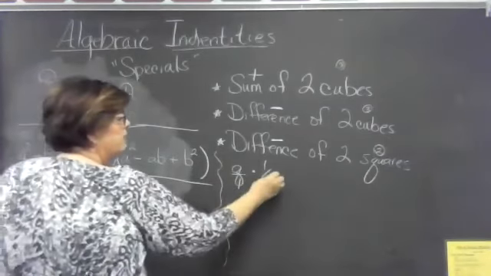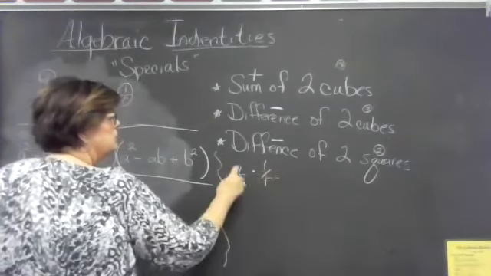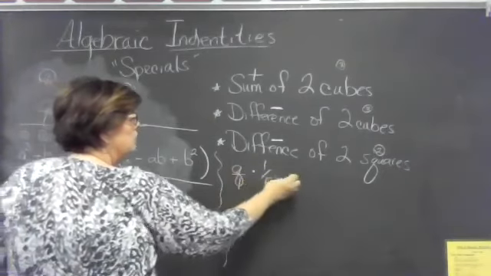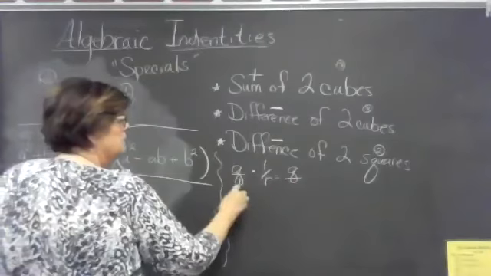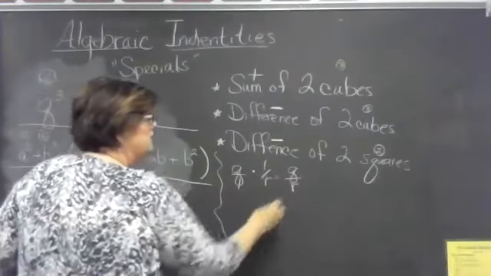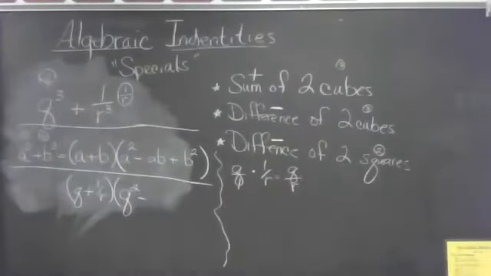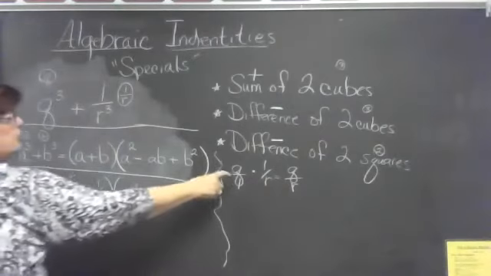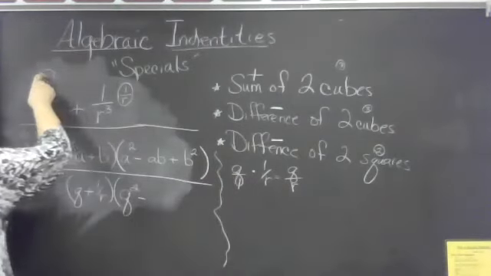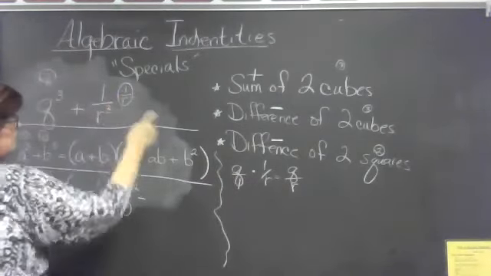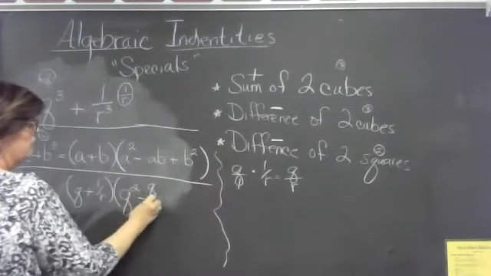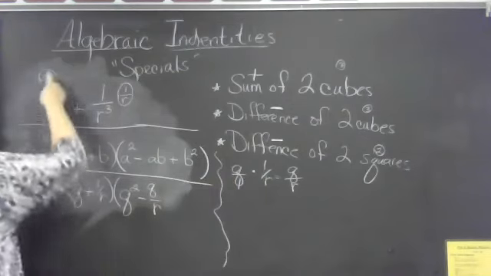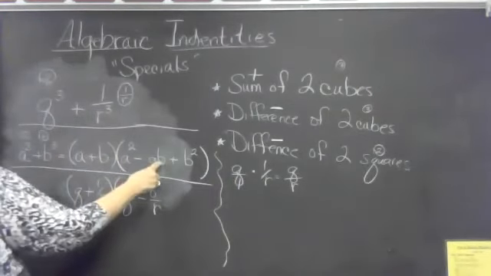The way you multiply fractions is to multiply the top, Q times 1 is Q, and multiply the bottom, 1 times R is R. And so on the answer sheet where they get the Q over R is when they multiplied the first number times the second number.